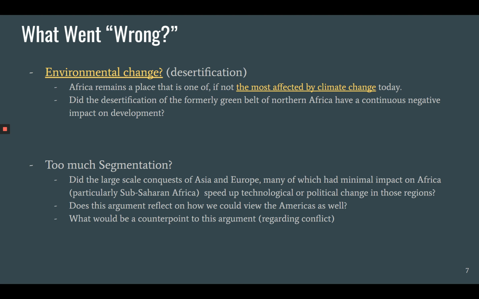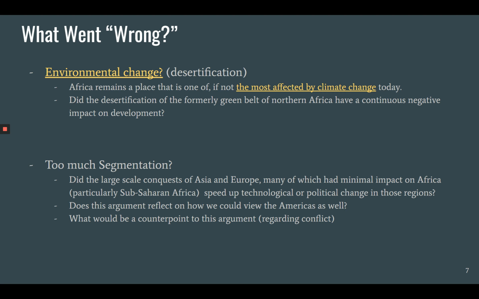But over time, Africa in the north in particular has dried out and become less hospitable, less habitable, and less resource rich. Africa remains one of, if not the most, affected places by climate change today.